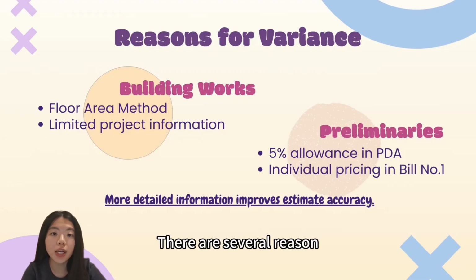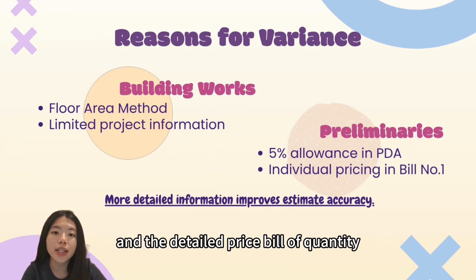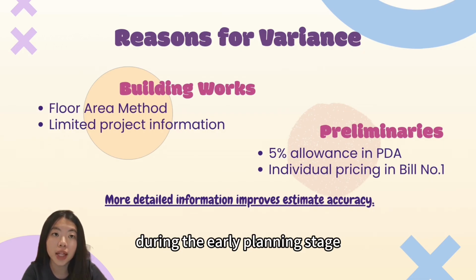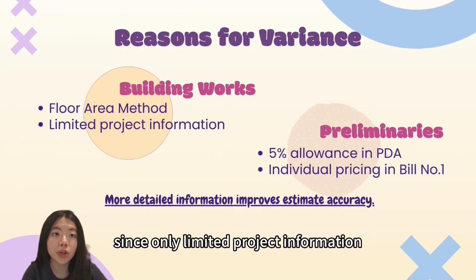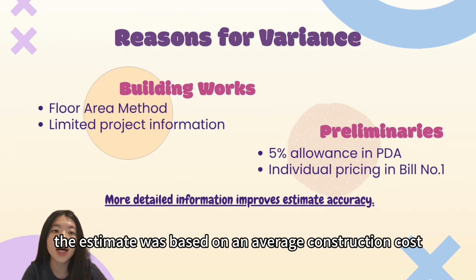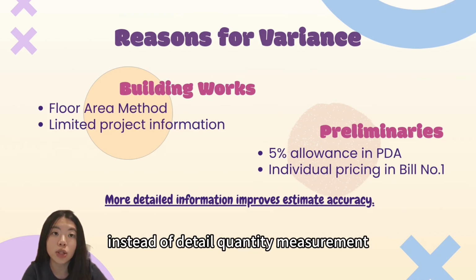There are several reasons why the variance occurs between the preliminary estimate and the detailed priced bill of quantities. Firstly, for the building work, the PDA was prepared using the floor area method during the early planning stage. Since only limited project information, such as the gross floor area, was available, the estimate was based on an average construction cost per square meter instead of detailed quantity measurement.